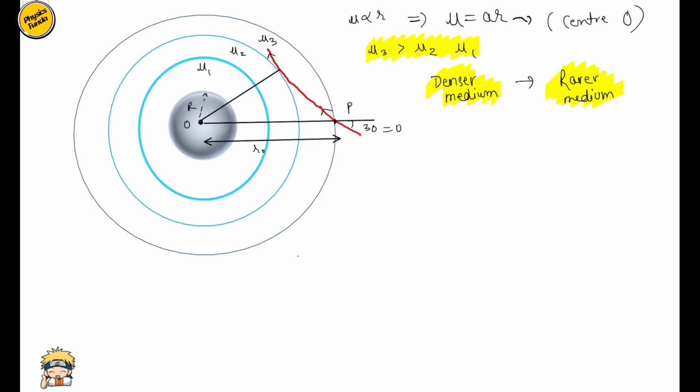So this angle, if you see, will be equal to 90 degrees, and I know that the normal drawn from a point to a curve is my shortest distance. That means when the angle of refraction reaches 90 degrees, that will be the minimum distance from the metallic sphere.